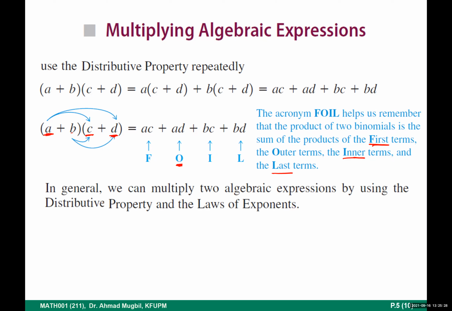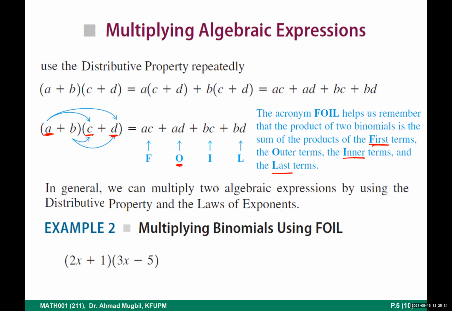Of course, for algebraic expressions, you need to use the distributive property and the laws of exponents, like this. How to multiply this? Let's start from there. What is this equal to? We will multiply 2x by 3x. What will you get? 6x squared. You are right. So this is what we are going to do.